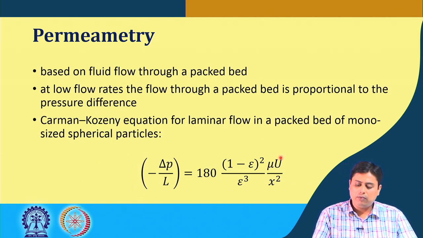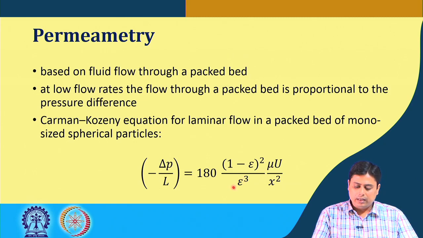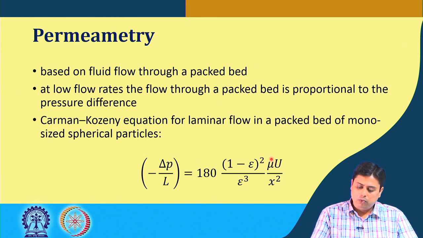For a particular flow rate, u is the superficial velocity, which comes from the volumetric flow rate or mass flow rate, and epsilon is the voidage or porosity of the packed bed. So, for a known porosity of a packed bed and a known fluid property mu, you can estimate by experiment the pressure gradient through an unknown sized particle bed.